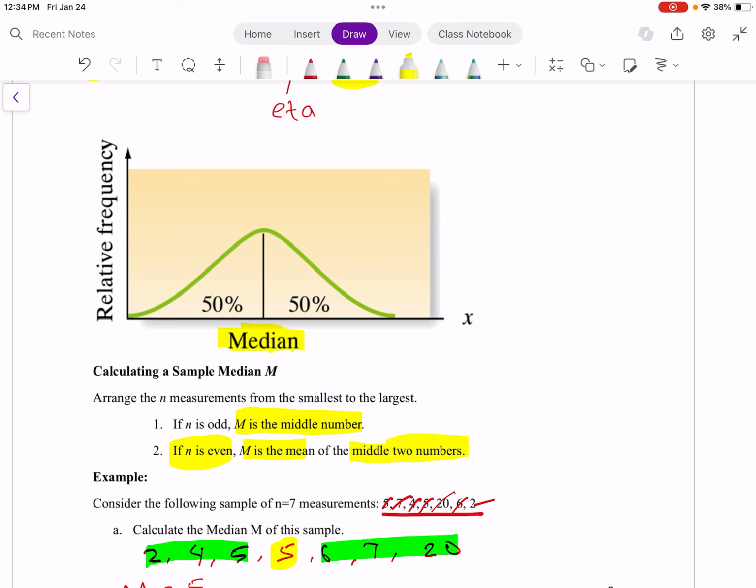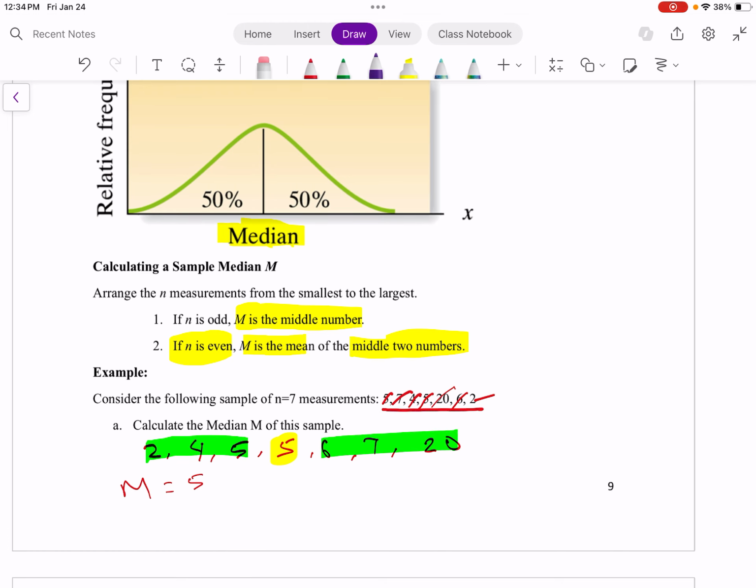Finding the median means we are finding that middle measurement, and what it does to the data set is that it divides the data set into exactly 2 equal halves. Like here, 5 is our median, and it divides our measurements into 2 equal parts. On the left we have 3 measurements, on the right we have 3 measurements.